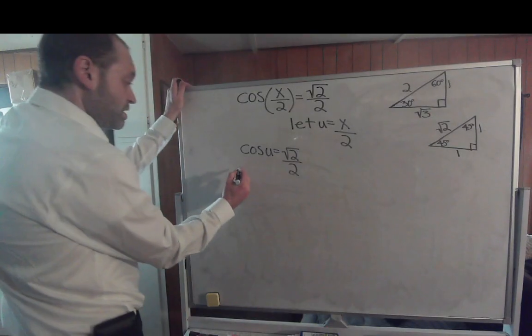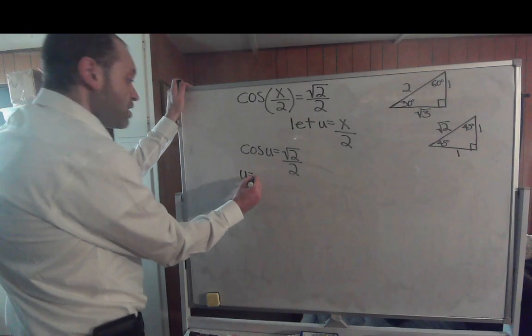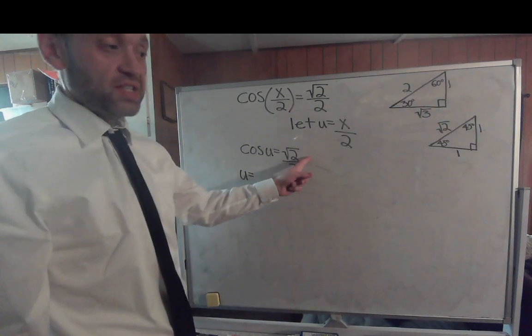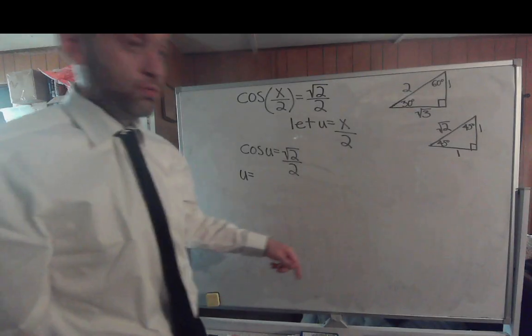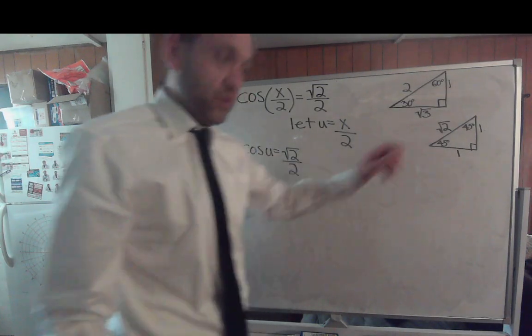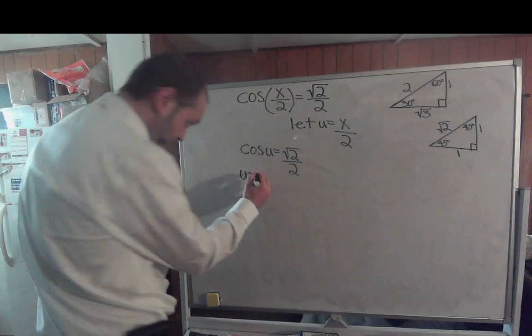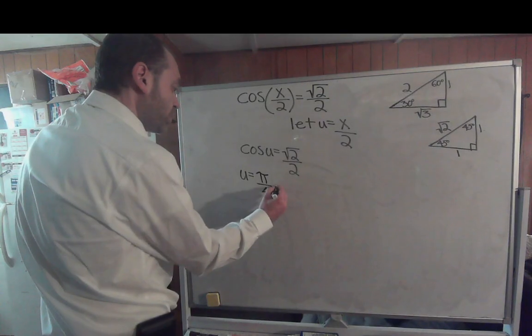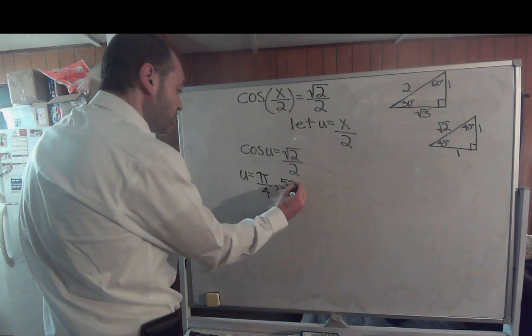So let's see here. What gives you a cosine of the square root of 2 over 2? This is the same as 1 over the square root of 2. That'd be 45 degrees, which is pi over 4. So you'd end up having pi over 4 and then 5 pi over 4.